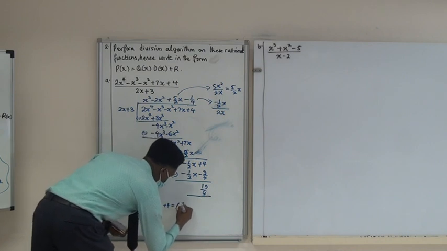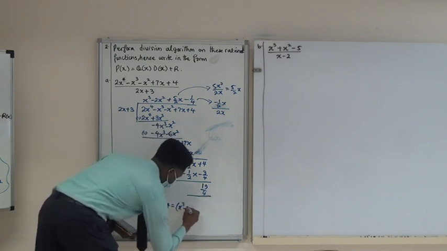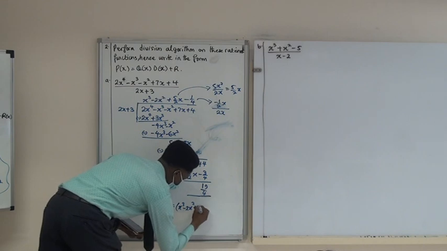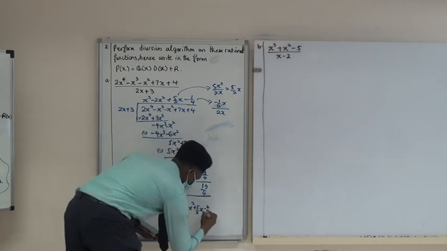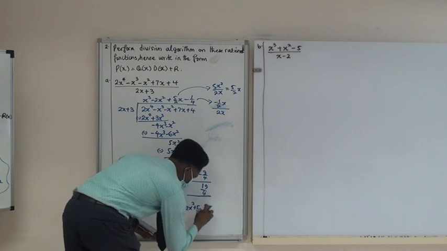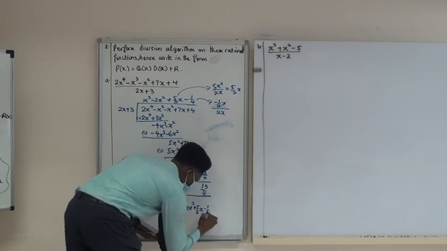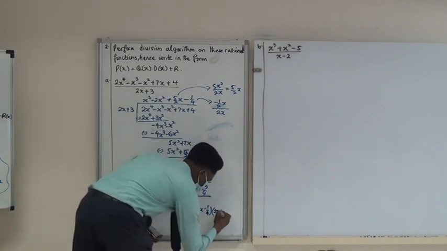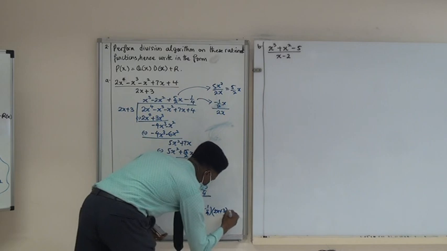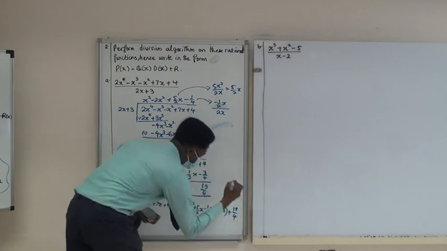So x cubed minus 2x squared plus 5 over 2x minus 1 over 4, times 2x plus 3, plus 19 over 4. My bad, my brain is not connecting with my hand. That's it.